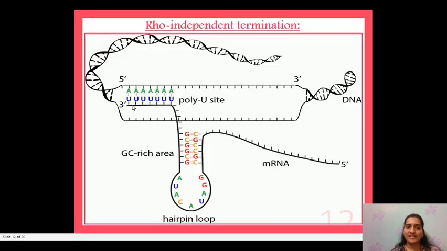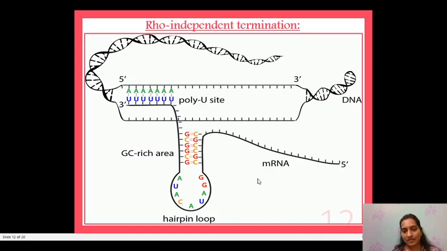See here, after the uracil residues, there is a GC rich region. This GC rich region forms a hairpin loop structure in the newly synthesized mRNA. Due to the presence of the GC rich region, there is a halt in the movement of the RNA polymerase. This results in the breakdown of the bond between the A and U, leading to the termination or the release of the mRNA transcript.